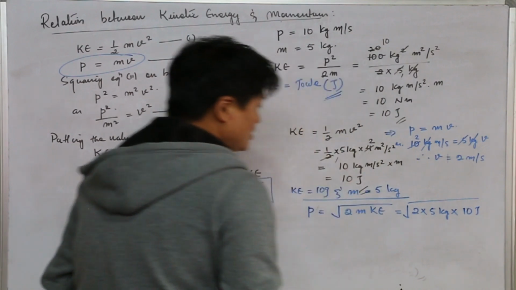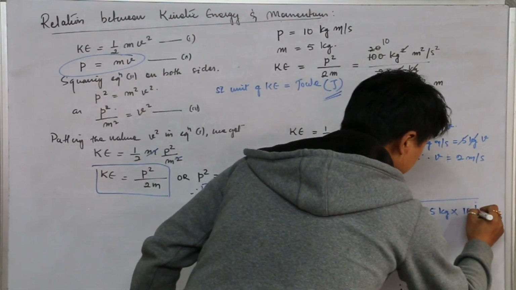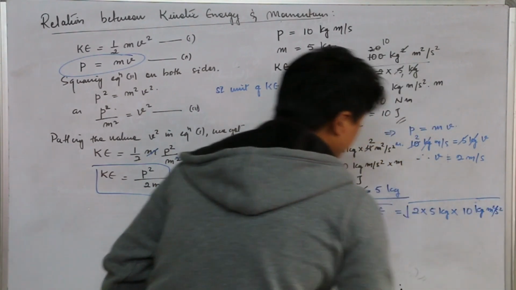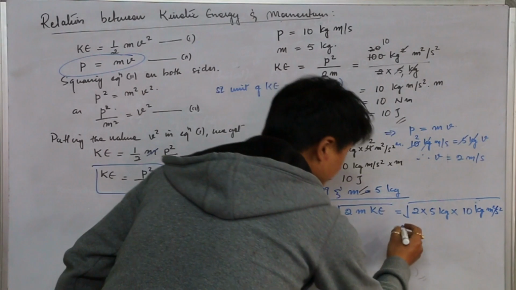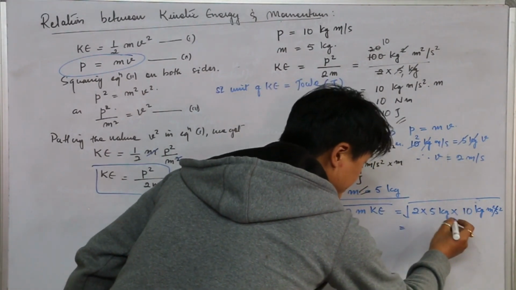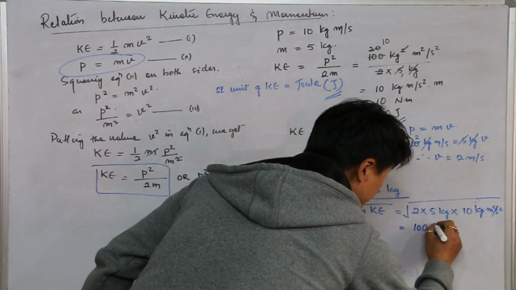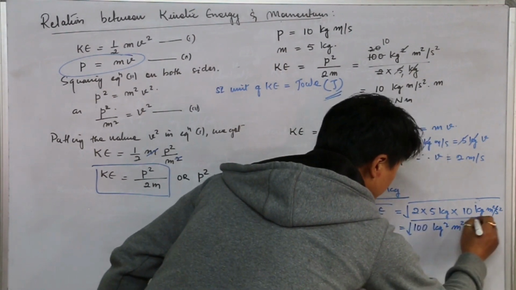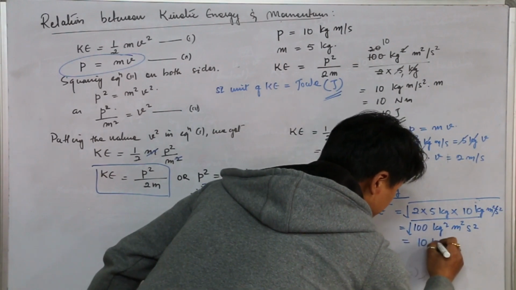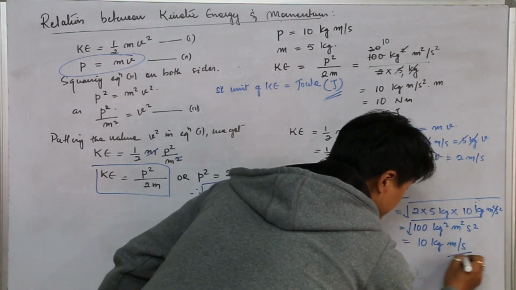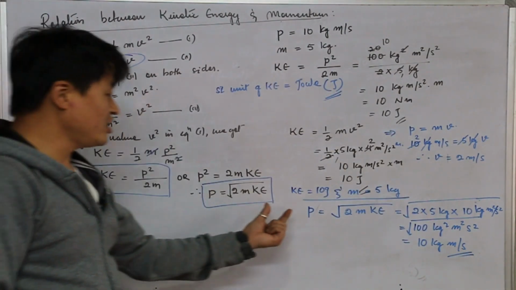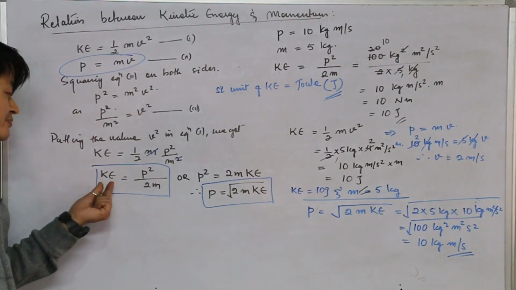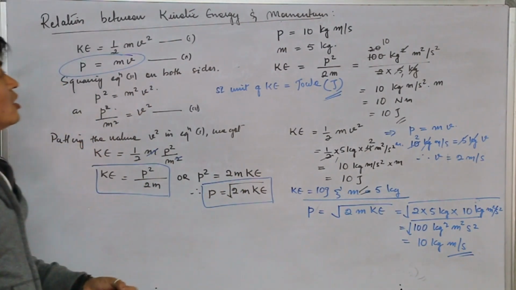And 10 joule is nothing but kg meter square per second square. From here we get 5 times 10, 10 times 10 is 100 kg square meter square per second square, root under, and if you remove the root, this will become 10 kg meter per second. This is how we can find the momentum as well as kinetic energy with the help of the relation between the kinetic energy and the momentum.